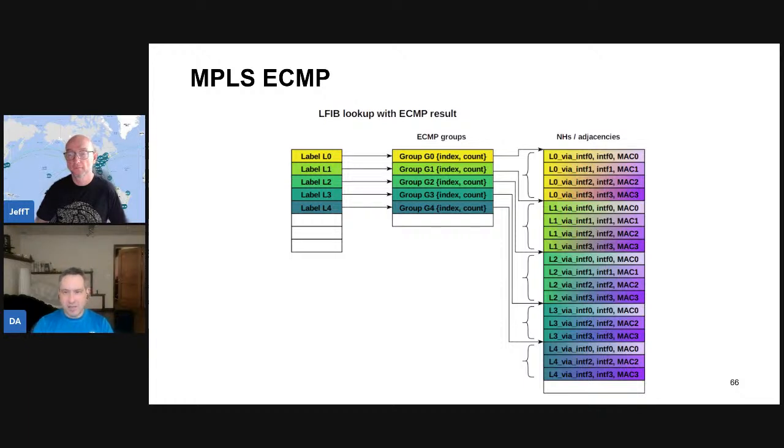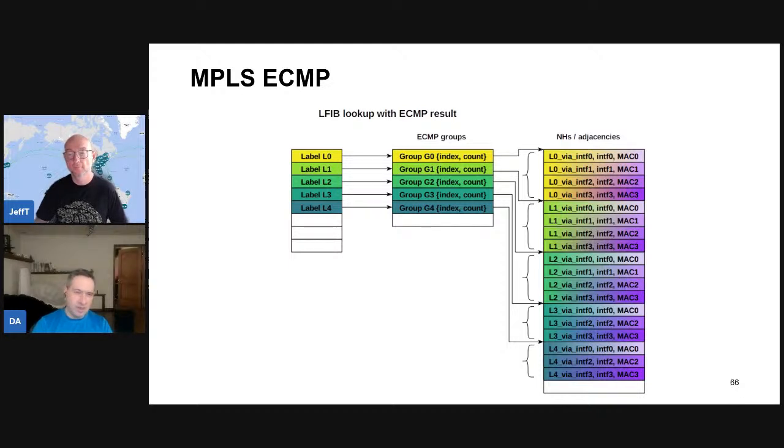But what's inside each next hop entry is not only the MAC address for the neighbor and the interface we are forwarding through, but also label rewrite information.